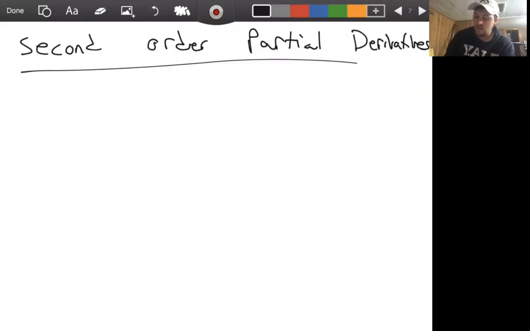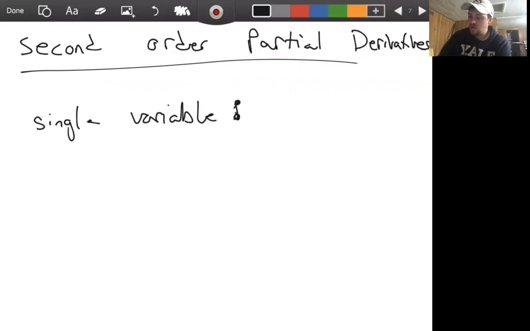So remember, in the single variable case, what we had was, you had f of x, take the derivative, you get df dx.